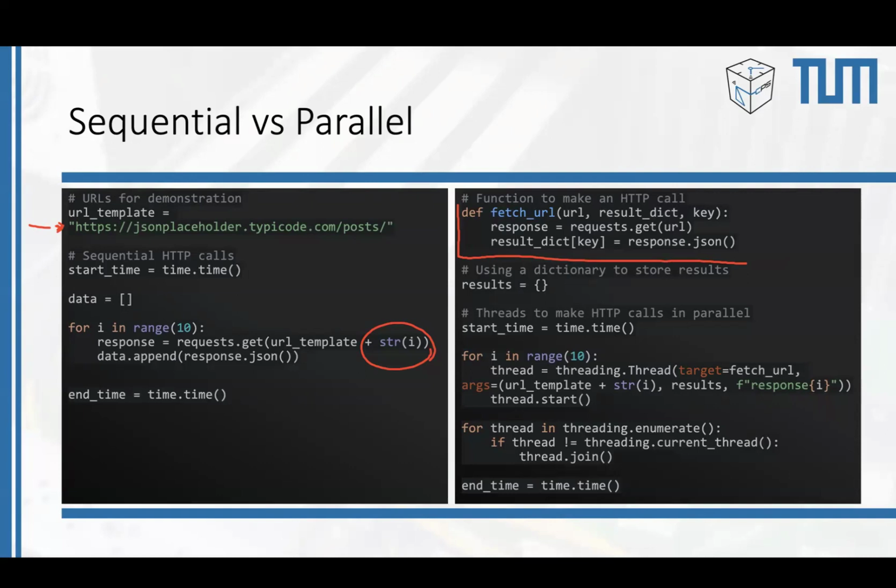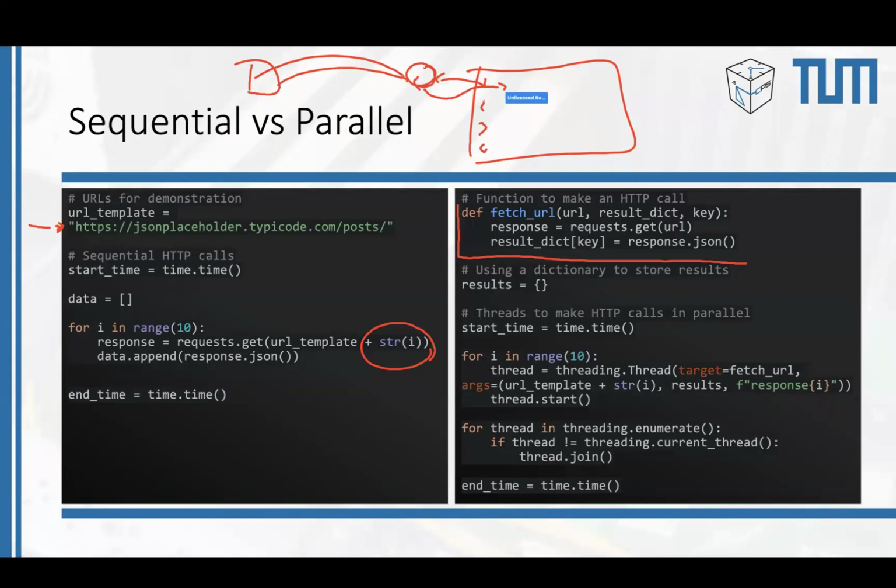So I have basically a box, and I have some IDs, 1, 2, 3, 4, and so on. Now I have some threads running. I give the ID 1 to this thread. It goes and fetches the data, takes the data back, and plugs it back in here. Then I have another thread, and I give it the ID 2, and so on. So this is what the thread will run, the central function.